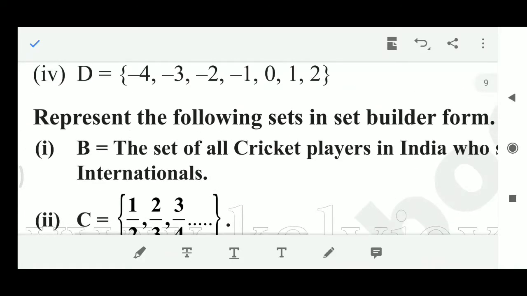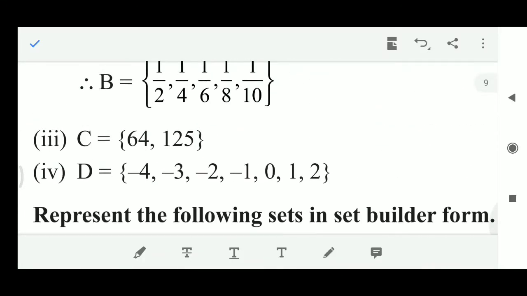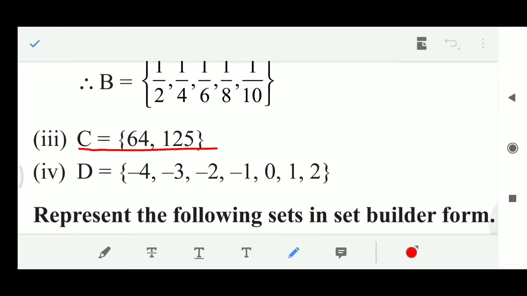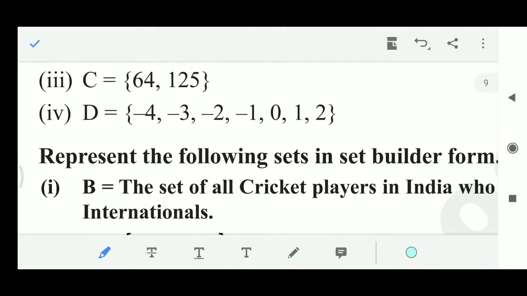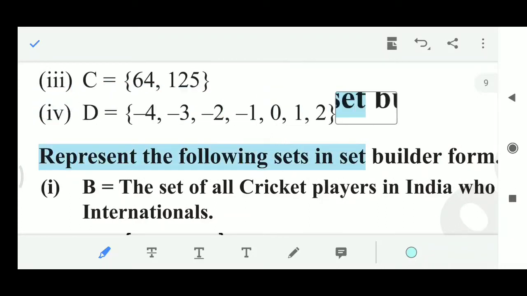What is the cubic number? 1 cube is 1, 2 cube is 8, 3 cube is 27, 4 cube is 64, 5 cube is 125. Between 27 and 216 we have only 2 cubes, that is 64 and 125. Like that you have to do the remaining sums.